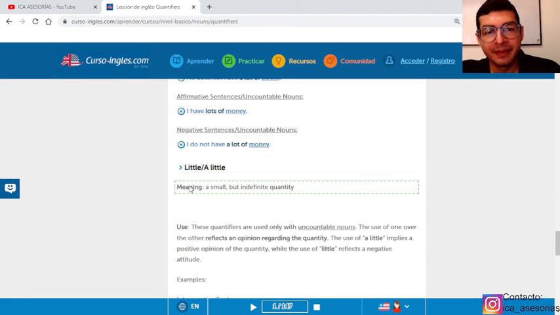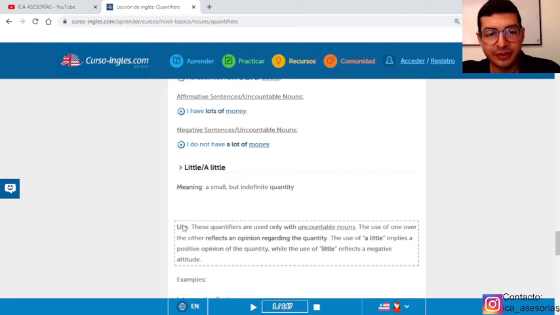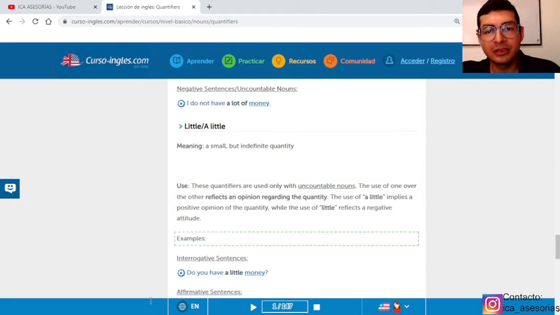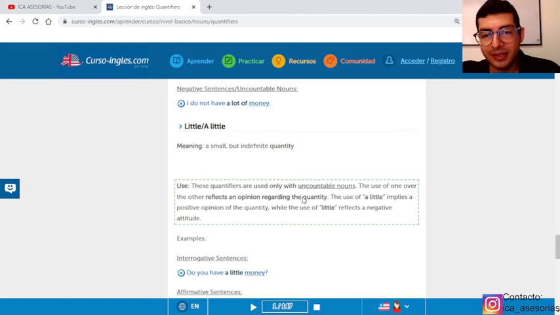Little, a little, meaning a small but indefinite quantity. Use. These quantifiers are used only with uncountable nouns. The use of one over the other reflects an opinion regarding the quantity.